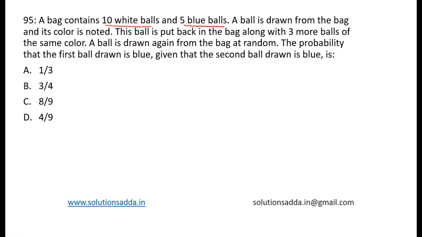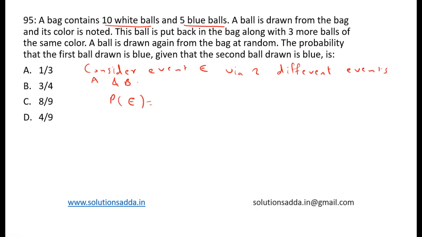So we can use the concept of total probability. Consider event E that occurs via two different events A and B. The probability of event E is the total value of the probability, which is calculated as P(E) = P(A∩E) + P(B∩E).